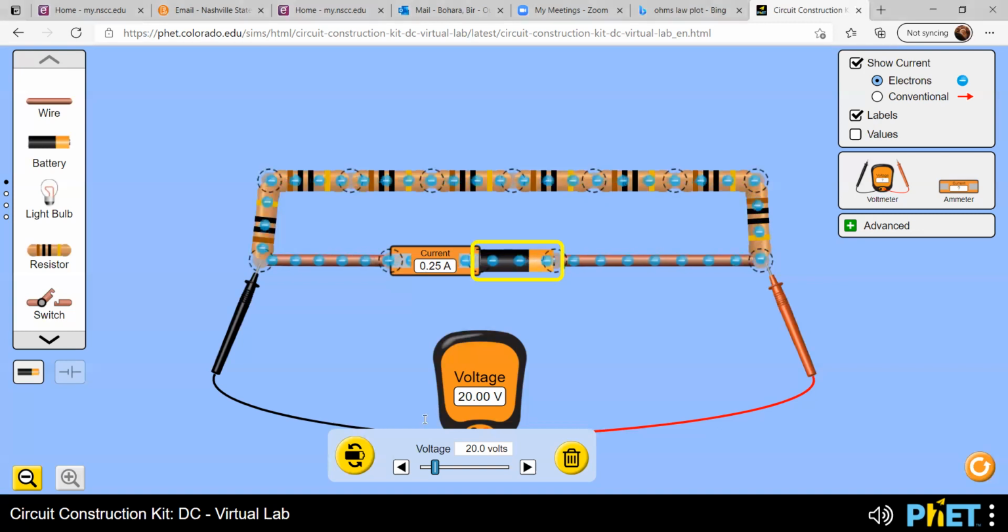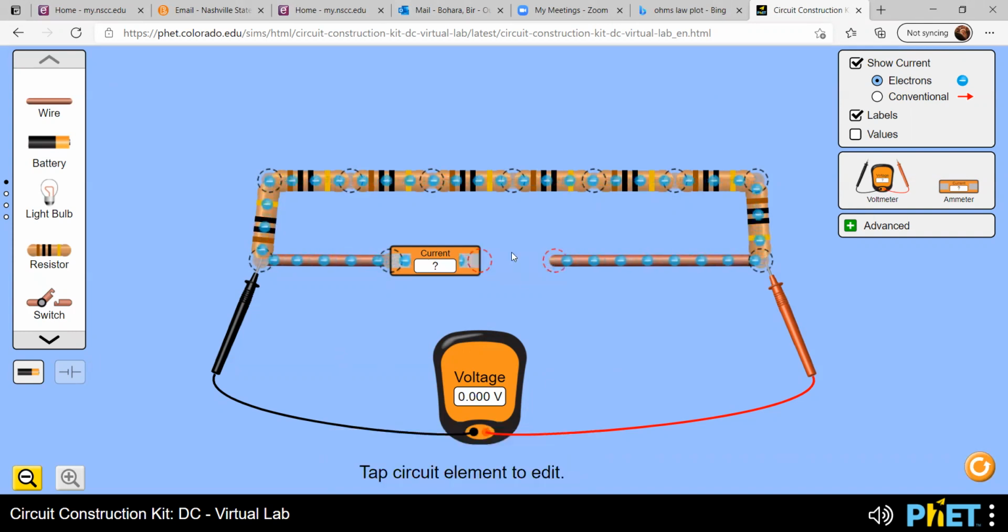If I increase to 40 from here, okay, what is happening? Just wait. Clear all. Okay.